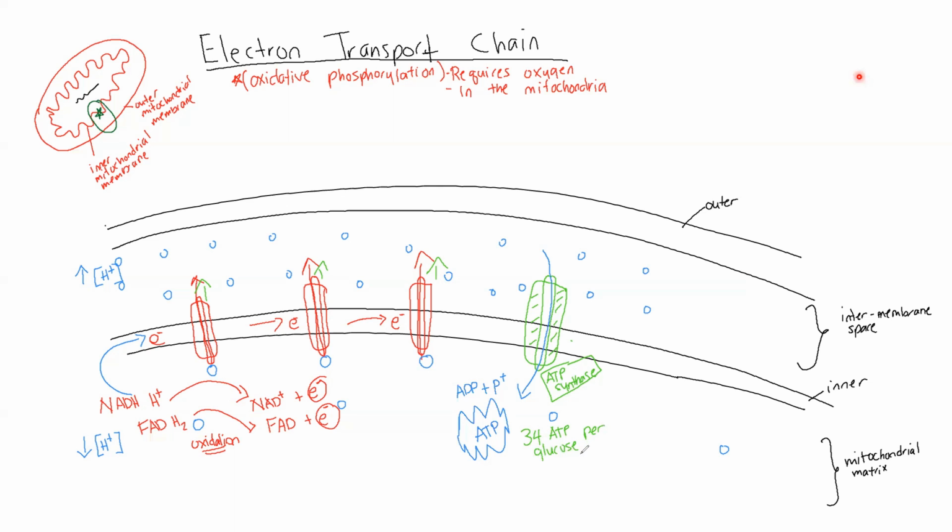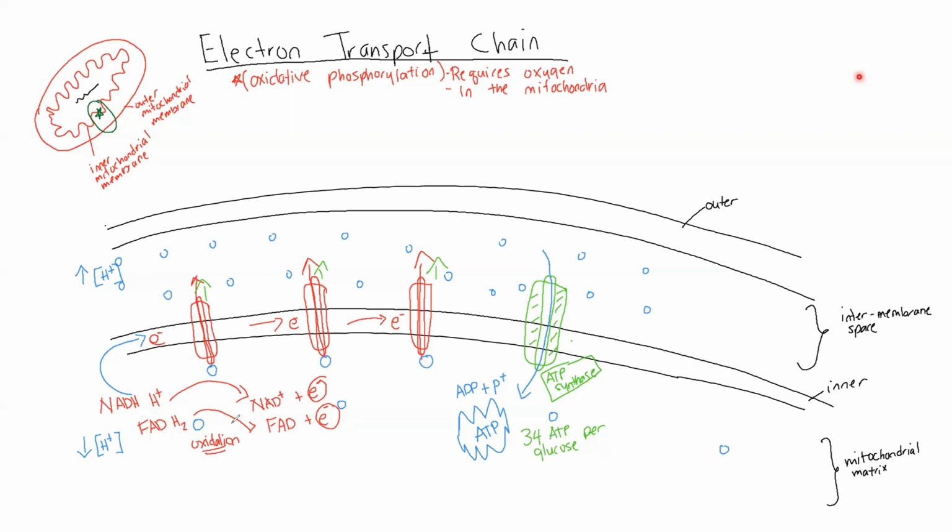Okay, so for all of that ATP that we're yielding here, it's only coming from the breakdown of a single molecule of glucose. It's going to start in glycolysis, continue on into the linking step, continue on into the Krebs cycle, and all through those initial stages, we're making the electrons that we need to really drive this train.